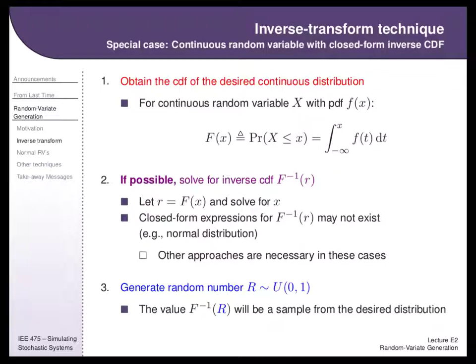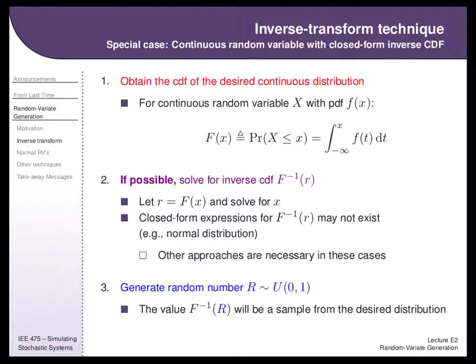We'll see that in a second. Then once you have the CDF, you've got to invert it. That also isn't always as trivial as it sounds. If you deal with squares and things like that, you've got to make plus or minus choices. You invert it just by setting the CDF equal to R and then solving for X. Once you invert it, you can run random numbers into the inverse transform, which is also called a quantile function, and the value that comes out will be a sample of your desired distribution.